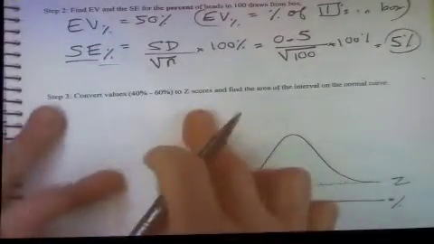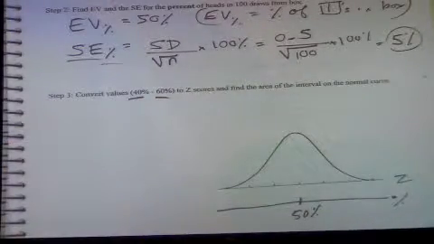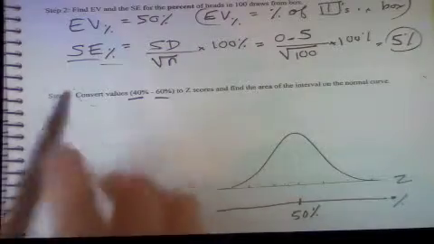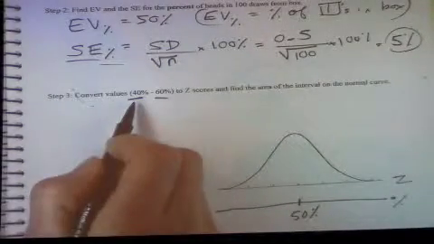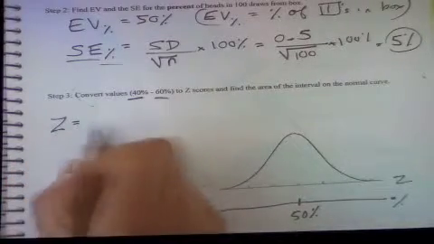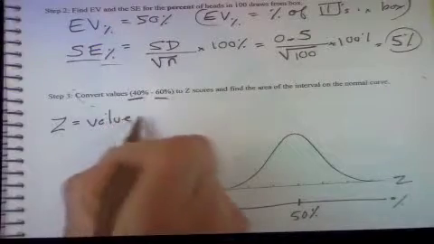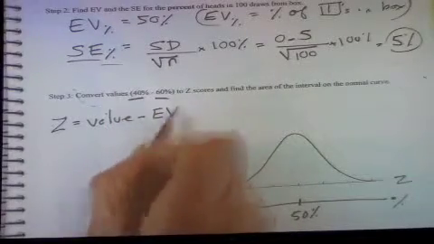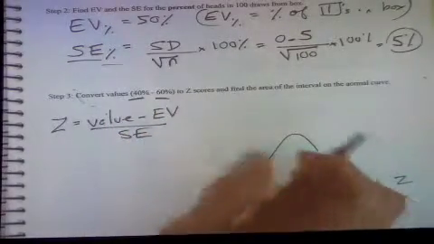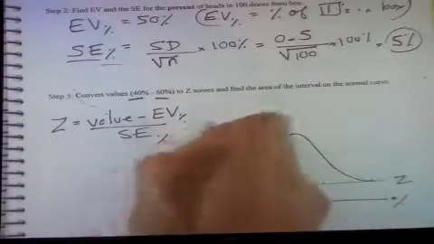All right, now we're going to convert. Let's take these endpoints to z-scores. For both of them, we want to say z is equal to our value minus some expected value, over some standard error. And we're talking about percents, not sums, so these are going to be percents.